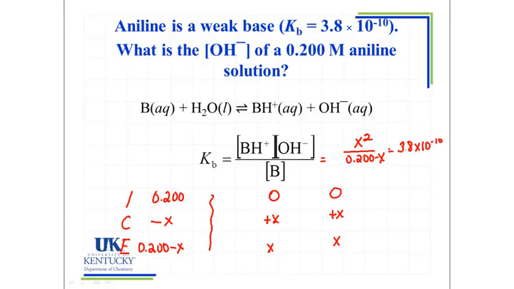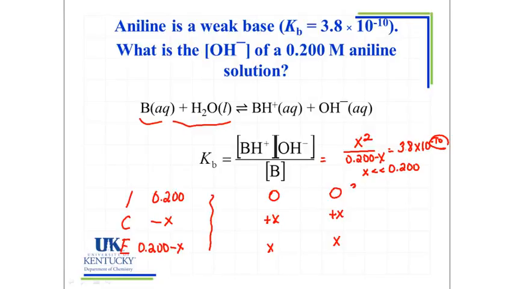I can make the same simplifying assumption that I did in earlier modules and say that X is much, much less than 0.200. Given the value of the Kb and that it's 10 to the minus 10th, this is going to be a very safe assumption. Such a small Kb value indicates that the reactants are heavily favored.